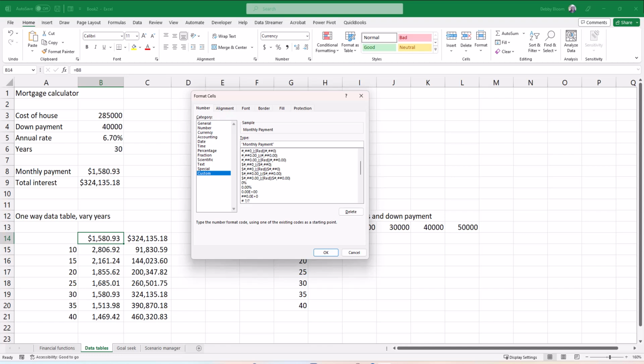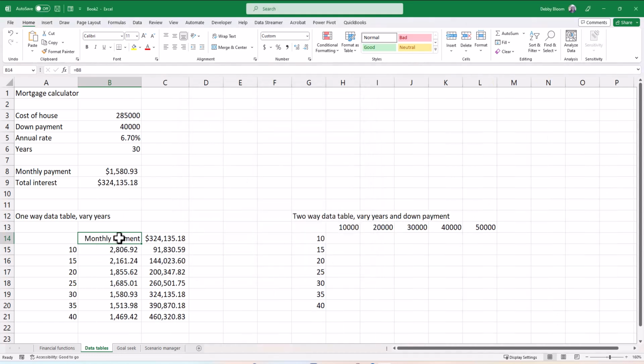What I've just told Excel is I don't care what's in the cell, just slap a post-it note on top of it that says monthly payment. So don't change what's inside the cell, change how it displays. So I'm going to click OK, and notice that it now says monthly payment, even though the content is still equals B8. So now I'm going to do the same thing for column C. I'll change the formula to total interest.